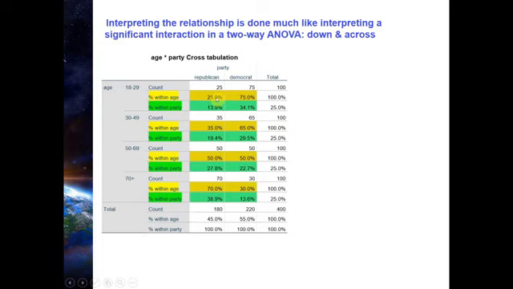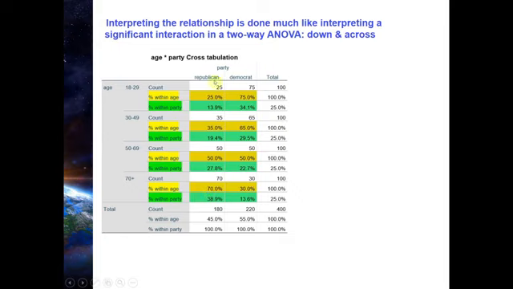So within the youngest age group, 25% identified as Republican and 75% as Democrat. If we go down to this next age category, again, we look at percent within age. We're saying within the 30 to 49-year-old group, what percentage were Republican and Democrat? And it's 35-65. Okay, they add up to 100. Next would be 50-50, and then next 70-30.